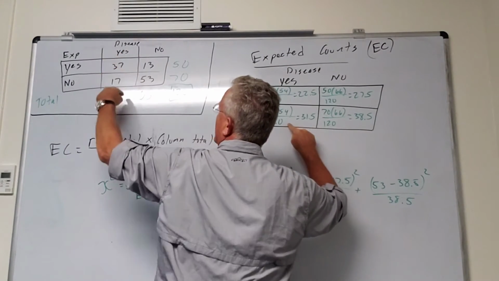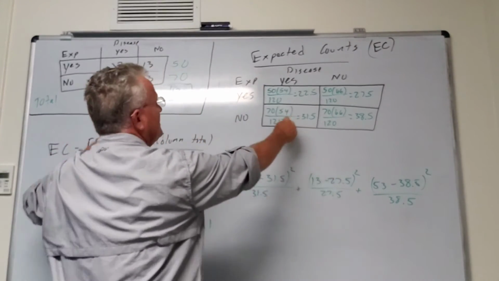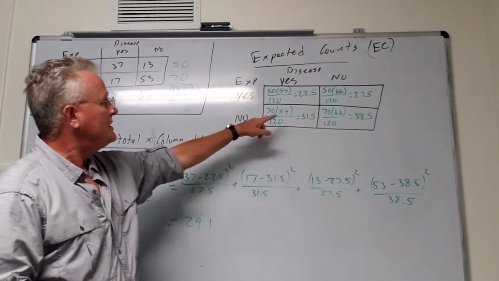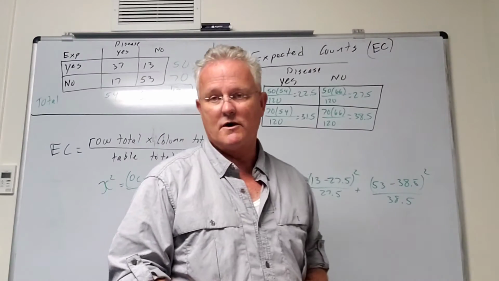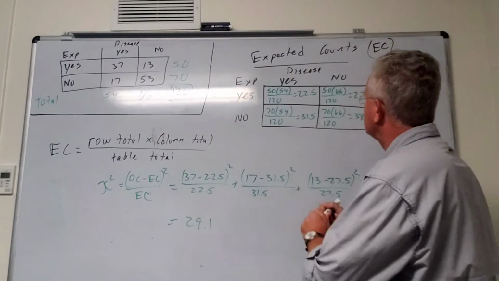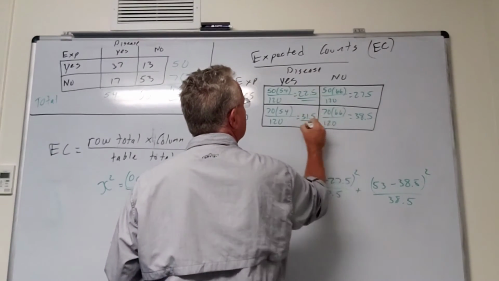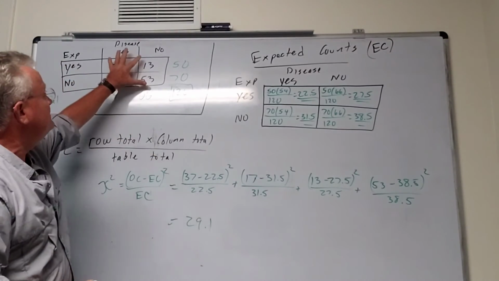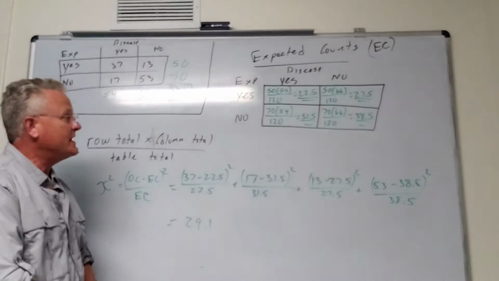For this cell, the column total is 54. Again, the table total is the same for all of them, 120. Get out your calculator, you get 31.5. So these are the expected counts right here. These are what we would expect. These are the observed counts. This is what actually happened.